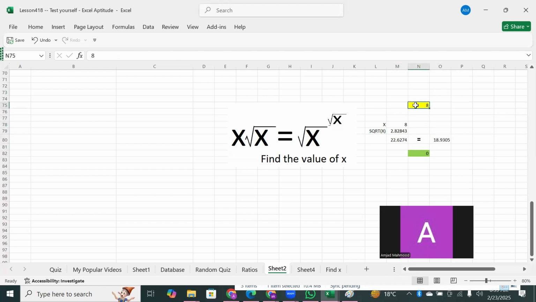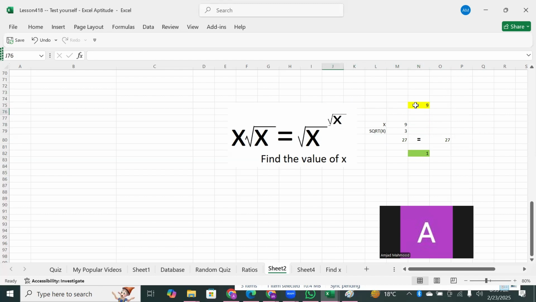And 9, yes, 9 is the first value which keeps it equal, and this is the right value. This is the answer of the question, the value of x.